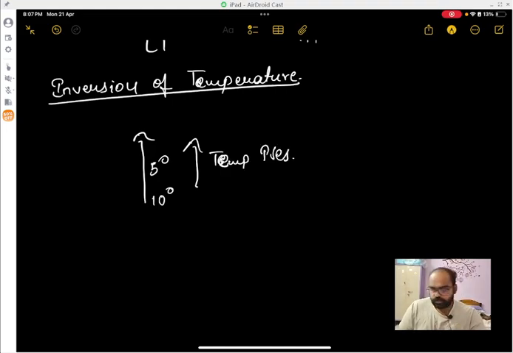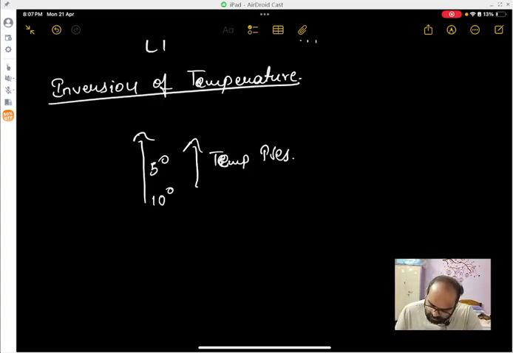Okay, as we move from lower altitude to higher altitudes, the temperature decreases. Why does the temperature decrease as we move to higher altitudes?